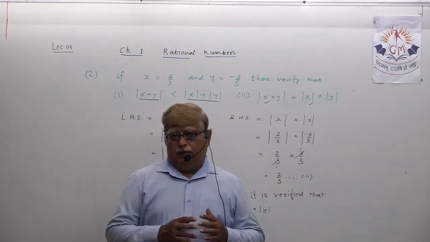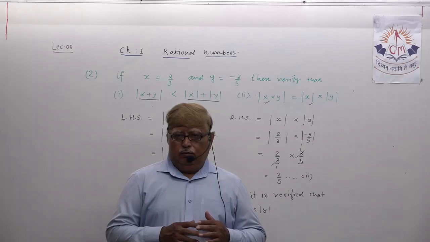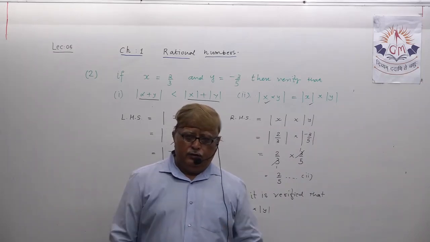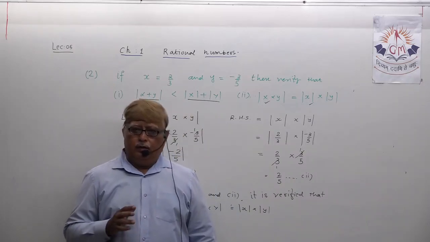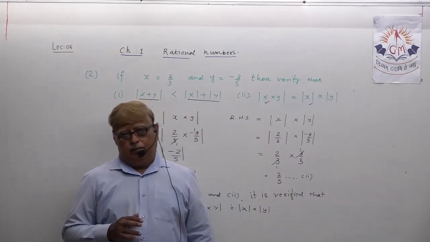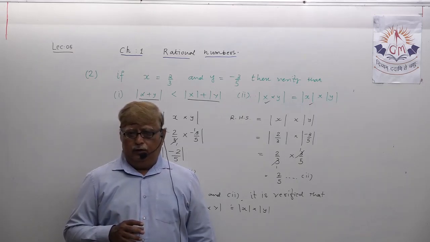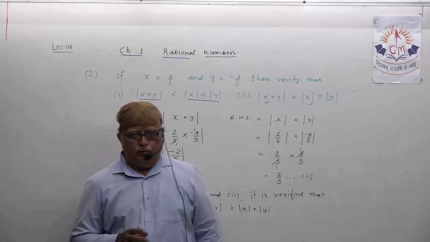Modulus A plus B less than modulus A plus modulus B. Second, modulus A multiplied by B equal to modulus A multiplied by modulus B. Two properties.